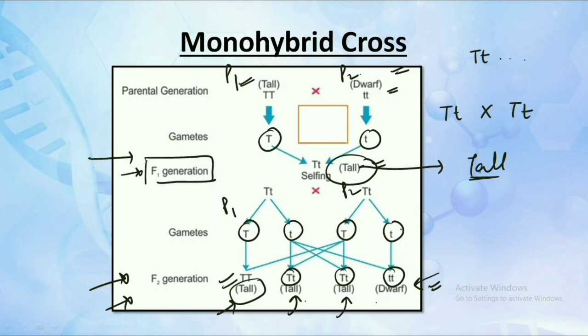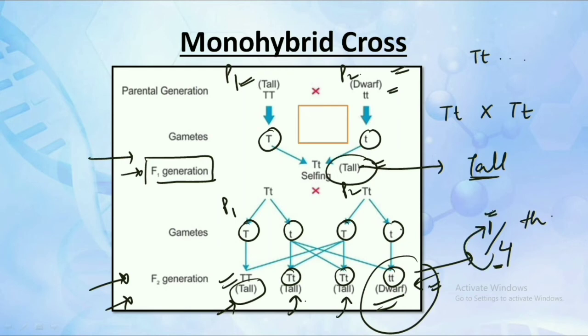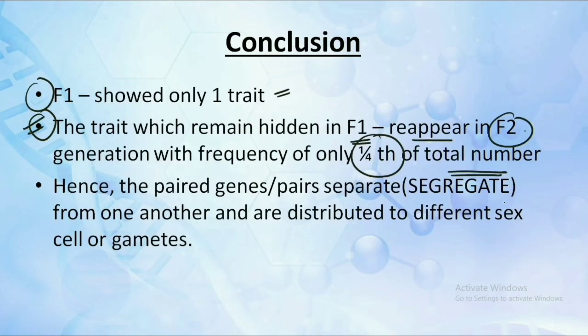But this dwarf character was seen in only a 1/4 ratio, that is, out of the 4 offspring only one of them was dwarf in nature. So this was the second conclusion, that the trait which remained hidden in the F1 generation reappears in the F2 generation with the frequency of only 1/4 of the total number.